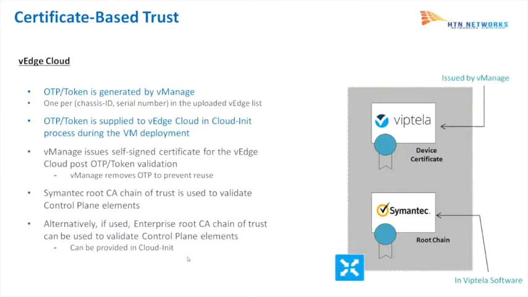Although they are software entities, they assign a chassis ID and serial number to each vEdge Cloud router also. We can upload them through a spreadsheet in the controller list, and then this OTP token is supplied to vEdge Cloud in the cloud initialization process during the VM deployment.